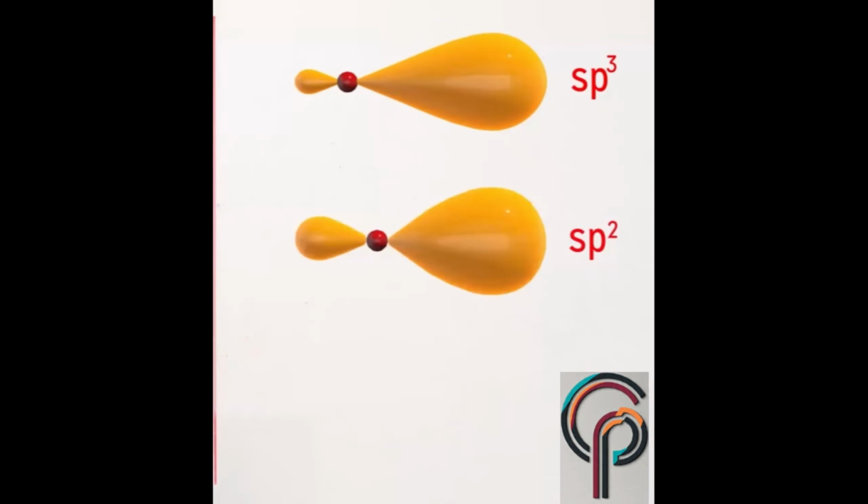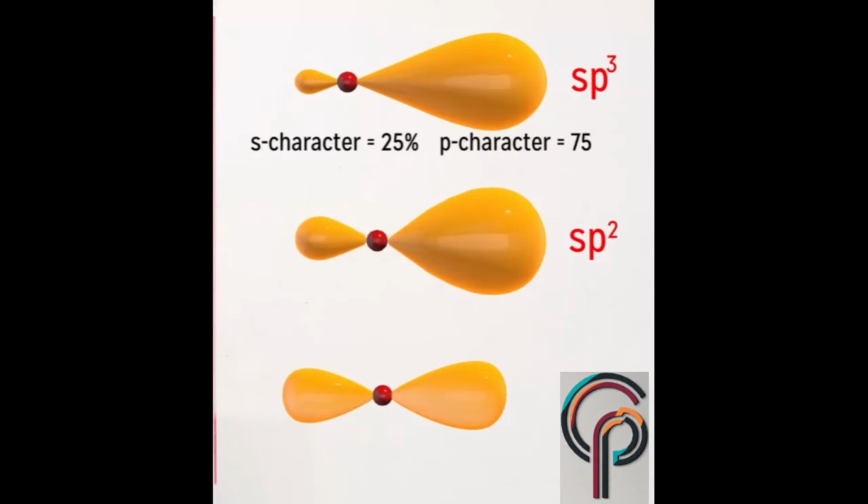Recall that in previous lectures we studied three types of hybridization: sp3, sp2, and sp. In sp3 hybridization, the s character is 25% and the p character is 75%. In sp2 hybridization, the s character is 33% and the p character is 67%.